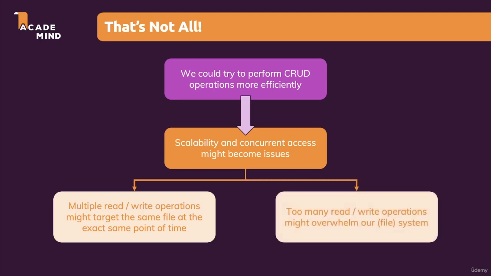And in addition, we also might overwhelm our computer, our system as a whole, or at least the file system if we have too many concurrent read and write operations. So as our website grows and handles more and more visitors, we can face more and more issues if we store and retrieve data as we did up to this point.